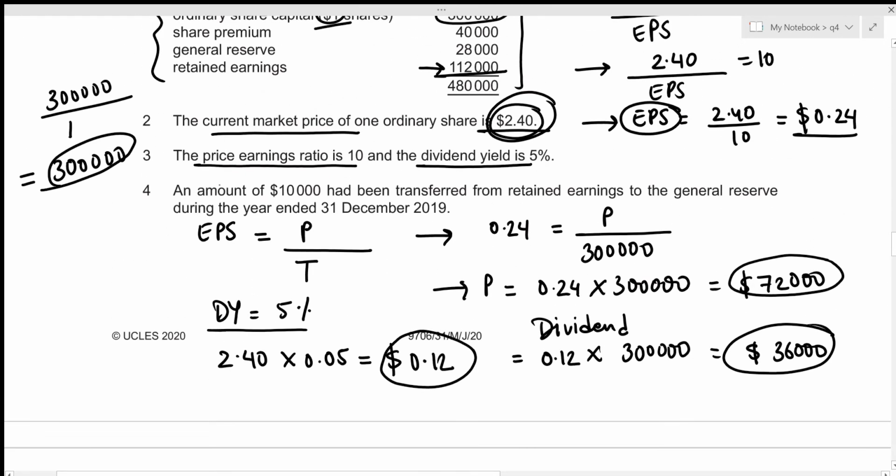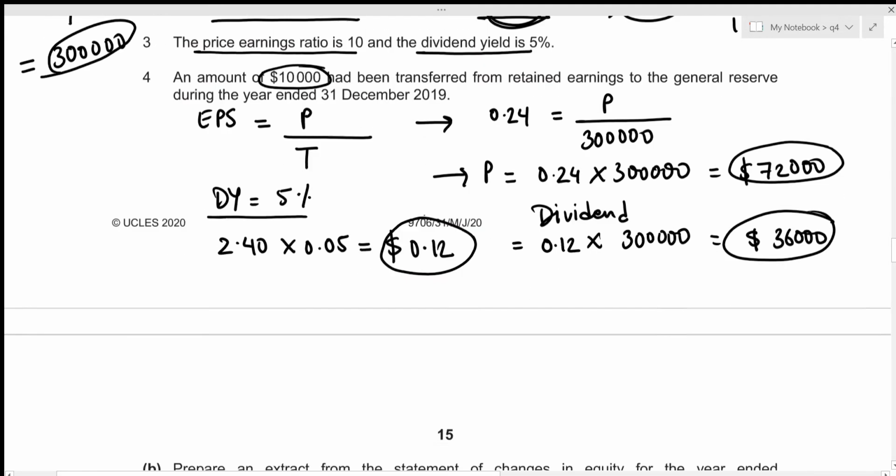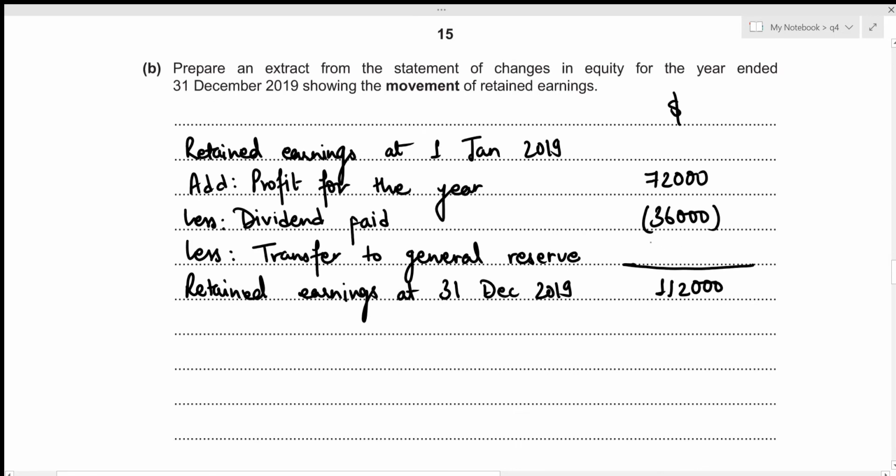Then we are given information regarding the transfer. An amount of 10,000 had been transferred from the retained earnings to the general reserve during the year ended 31st December 2019. So we will be subtracting this transfer value as well. Okay, now we do not know the value for our opening retained earnings balance, so this will act as our balancing figure. And we know that whenever we're trying to figure out the balancing figure, we just need to subtract these values from the total.